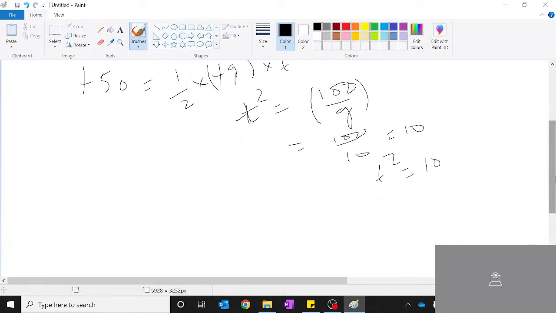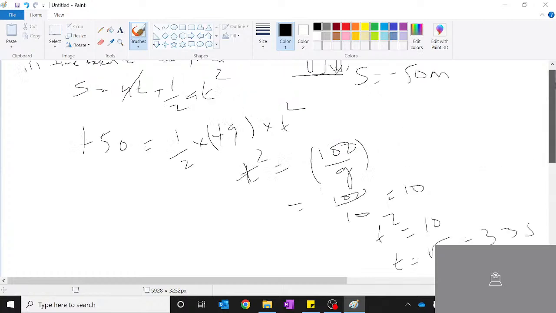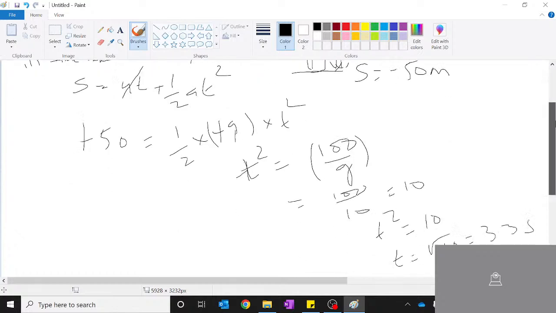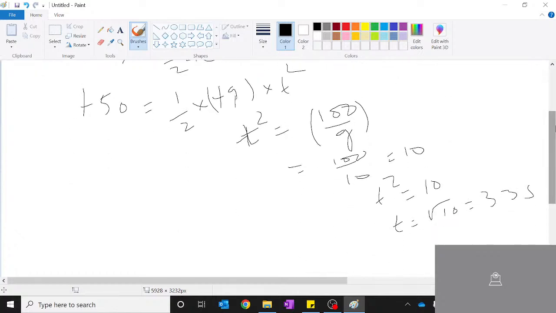Therefore my t is root 10, which is 3.3 something, 3.33 seconds. So the ball dropped from a building of height, say, 50 meters takes 3.3 seconds to reach the ground. Simple formula, simple concept, simple understanding. Okay, understood? So 3.3.